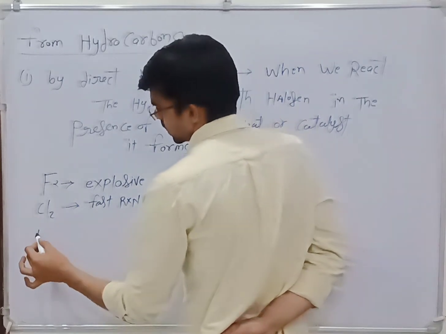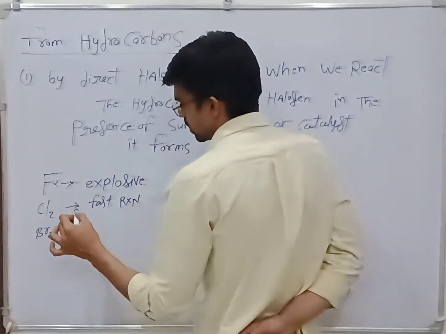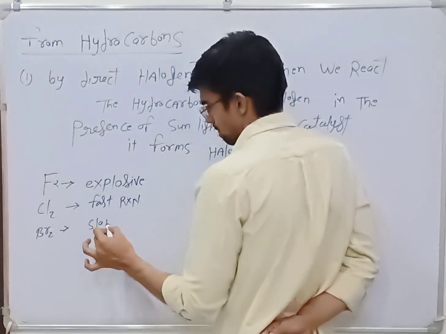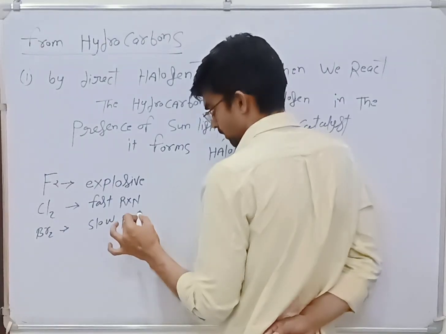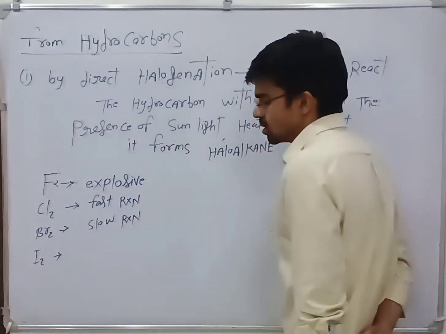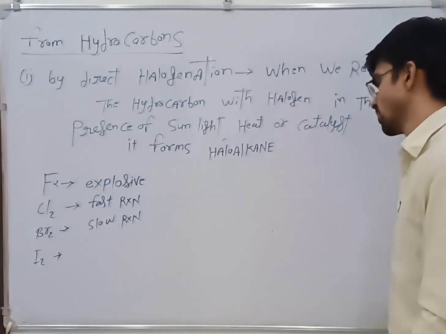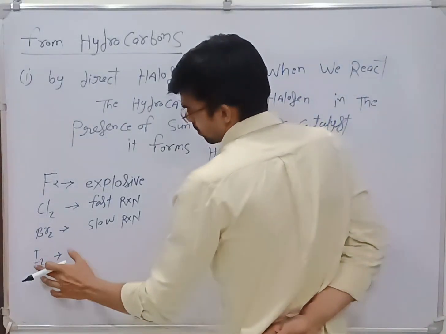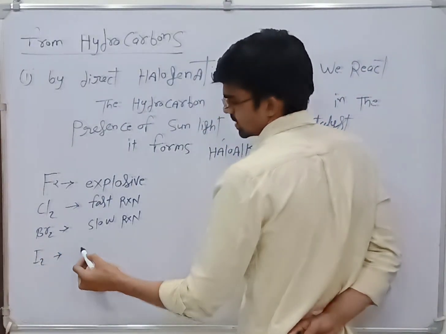If you take bromine, it will give a slow reaction. But if you are using iodine, it will produce HI.